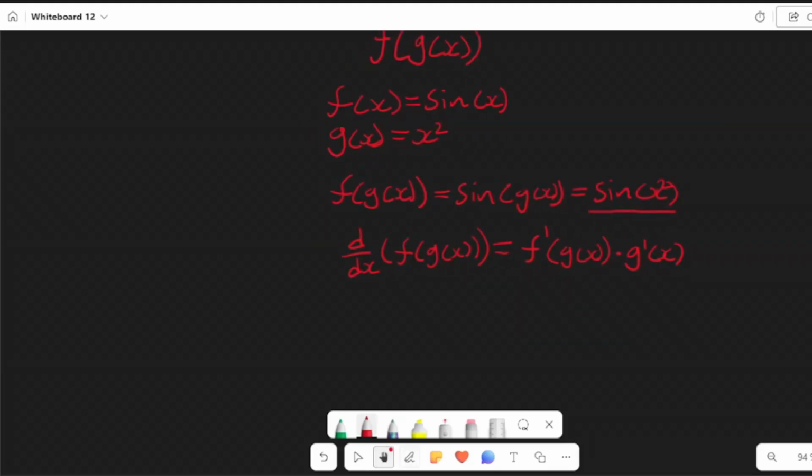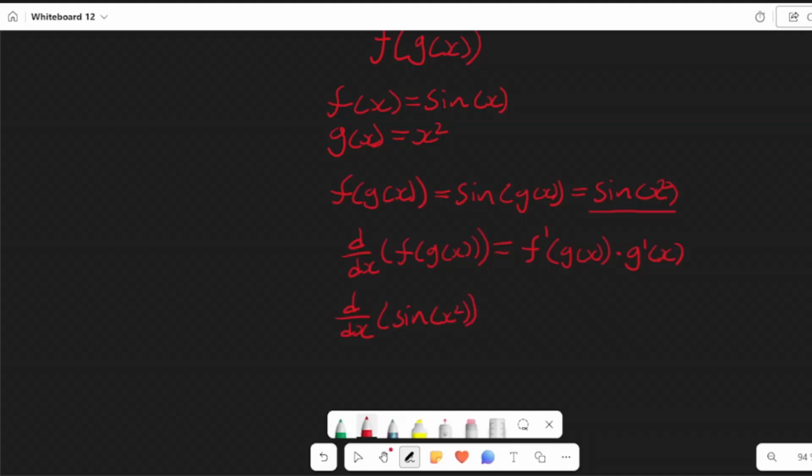So the derivative of sine of x squared is going to be, let's see.